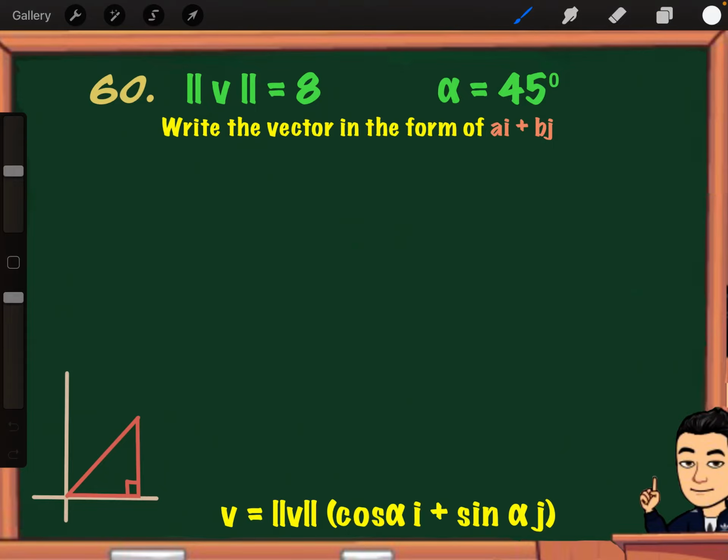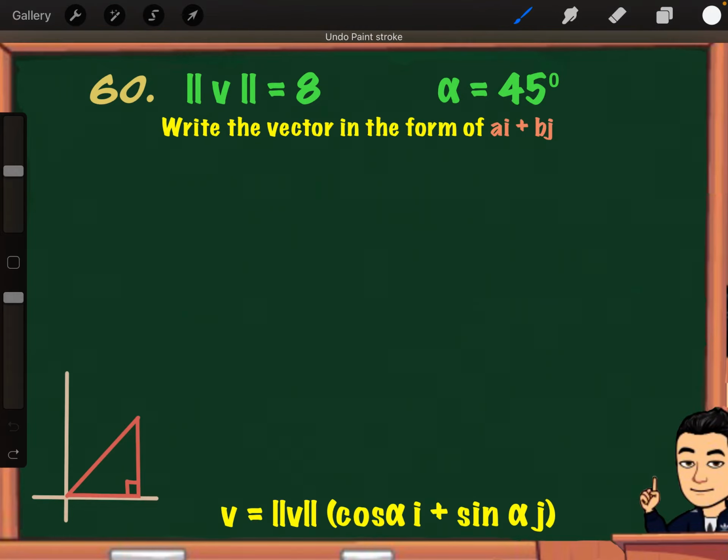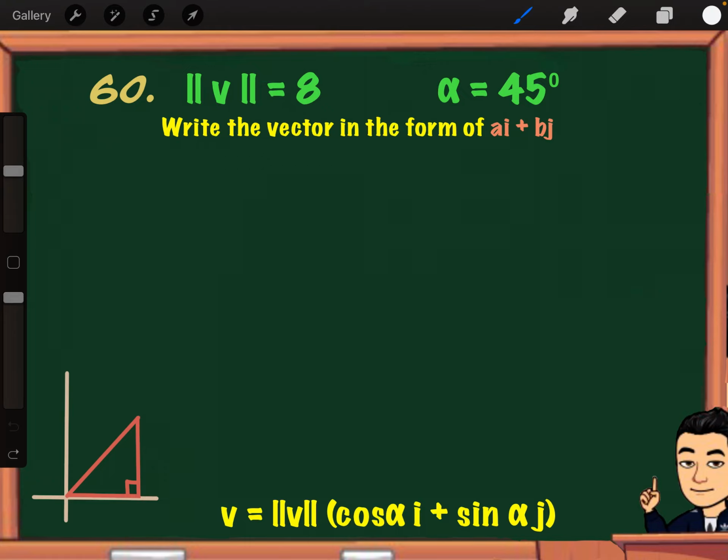So you have to write the vector in the form of ai plus bj. Okay, so you have to use this formula right here. So let's get started. You know that v is going to equal the magnitude, which I give to you as 8. So that's beautiful. All right, so now we're going to insert the 45 degrees into the cosine.